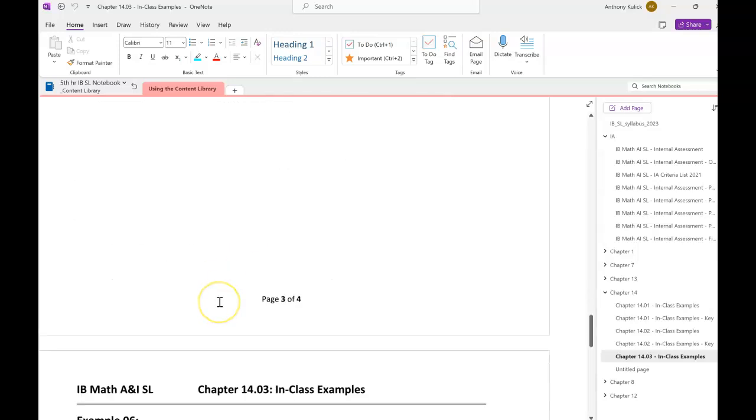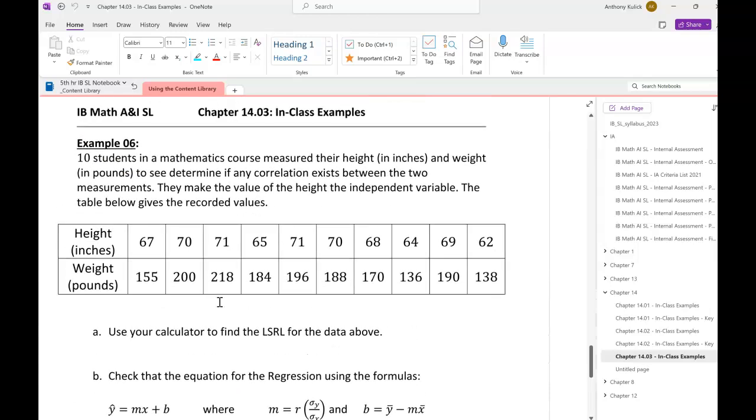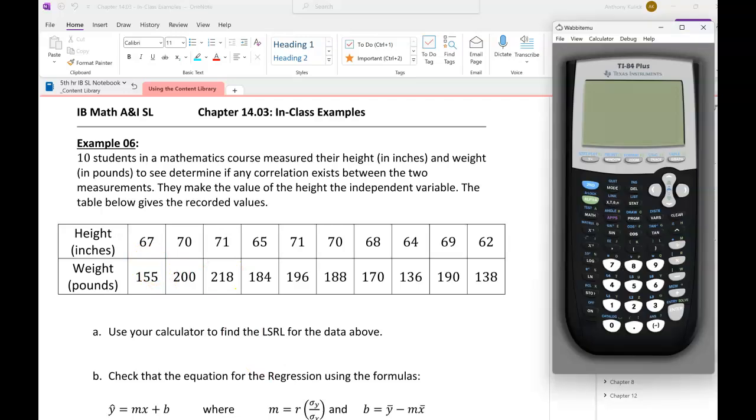All right, let's do it, big boy pants time. 10 students in a mathematics course measure their height in inches and weight in pounds to see if there's any correlation between the two measurements. They make the values of the height the independent variables. The table below gives the recorded values.